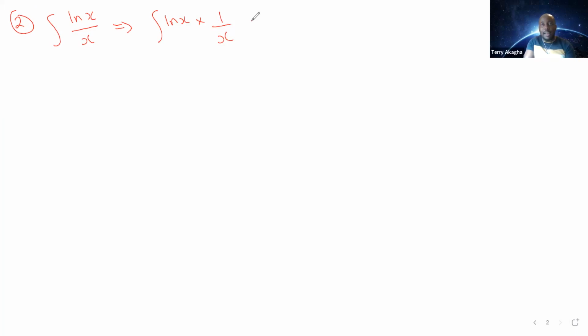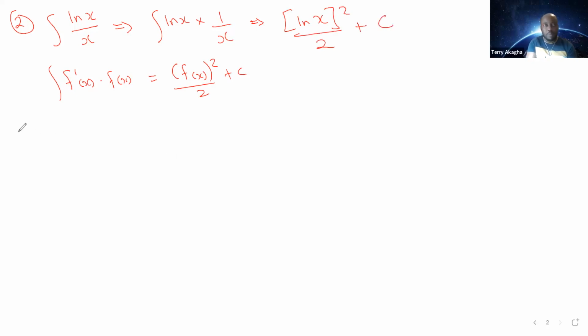So therefore, remember the formula: the integral of f of x times f prime x is f of x squared over 2 plus c. This is the f of x, this is its derivative, so it's going to be ln x squared over 2 plus c.